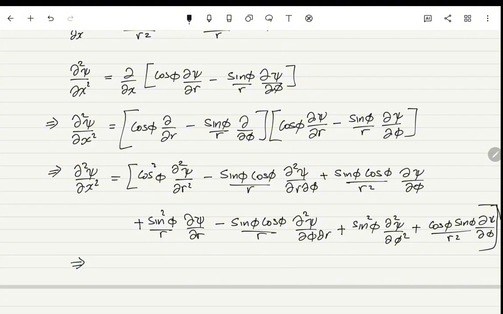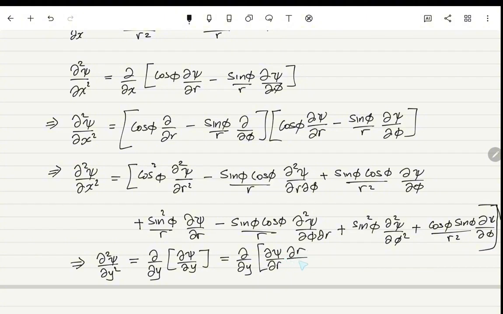And upon simplifying this one here, we will get partial 2 psi partial y square equal to partial y of partial psi partial y, or partial y of partial psi partial r partial r partial y plus partial psi partial phi partial phi partial y.